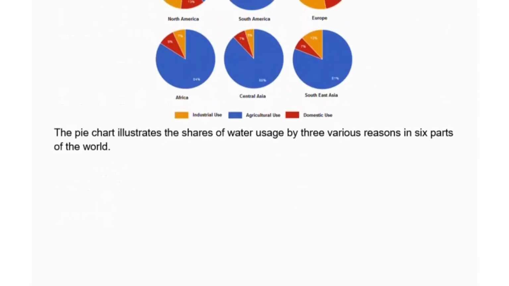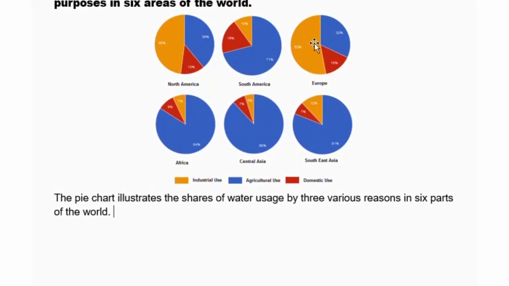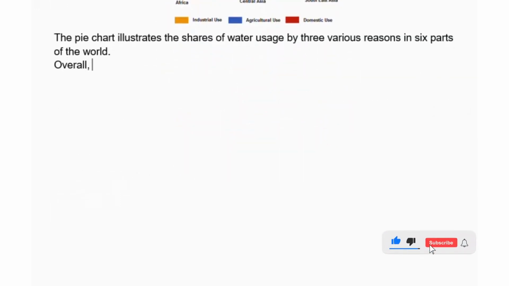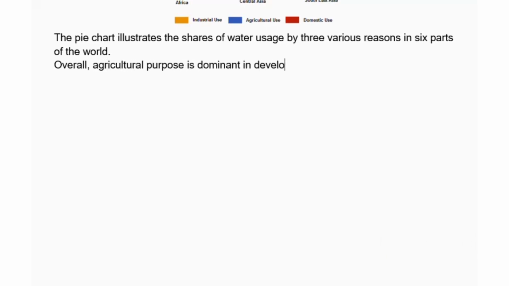Now I'm going to give an overview. As you can see, in the developed world, industrial use is higher, but in the developing parts of the world, it's most likely that agriculture is higher. So I will mention this. Overall, agricultural purposes are dominant in developing parts, whilst industrial use is the main reason in developed areas.